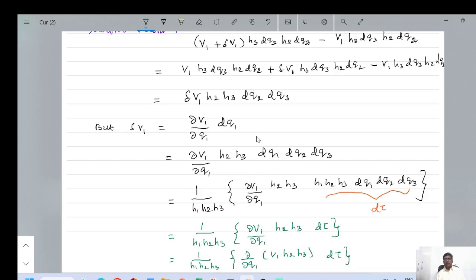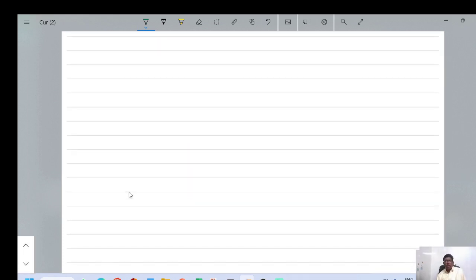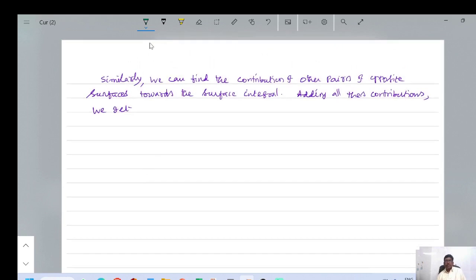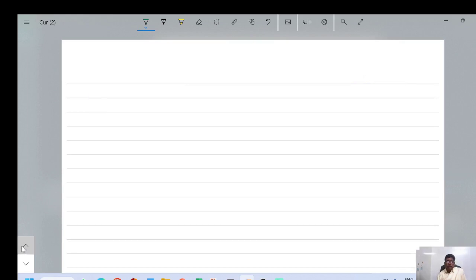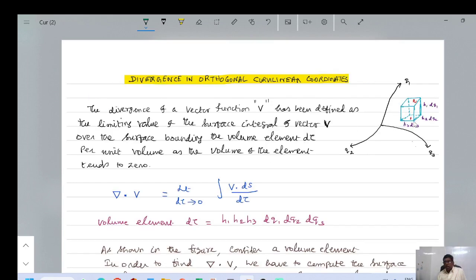Now we should go for the contribution rendered by the others. Similarly, we can find the contribution of the other pairs of opposite faces towards the surface integral. Here we have taken only these two faces, 1 and 2. In total 6 faces are present. This is one pair. Another 2 pairs are present.